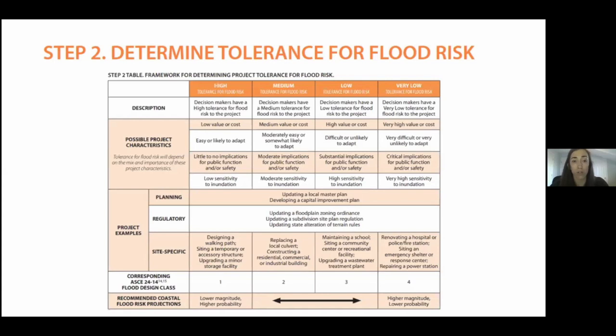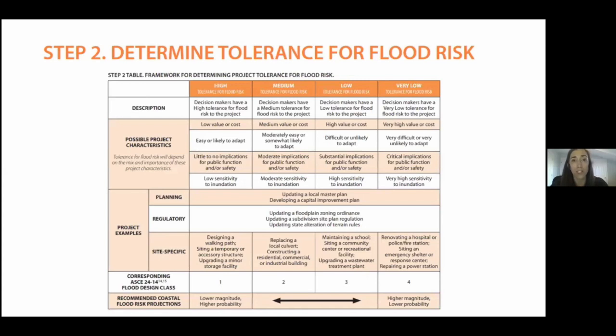And for regulatory projects that solicit applications for permits, in some cases, it might be prudent to predetermine tolerance for flood risk for specific structure or asset types, or alternatively, you might ask the applicant to justify their own tolerance for flood risk based on the guidance.